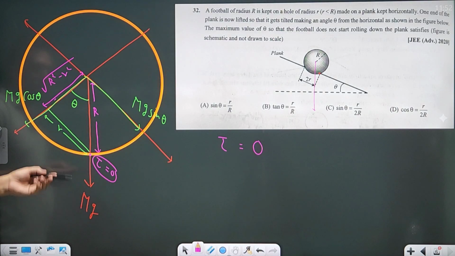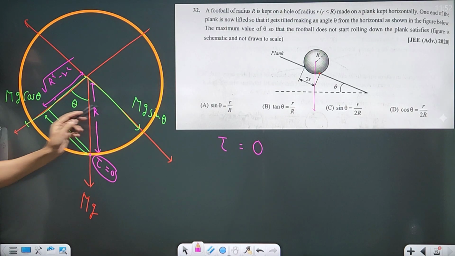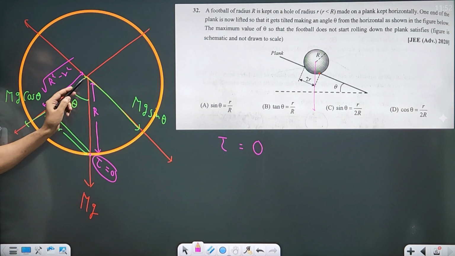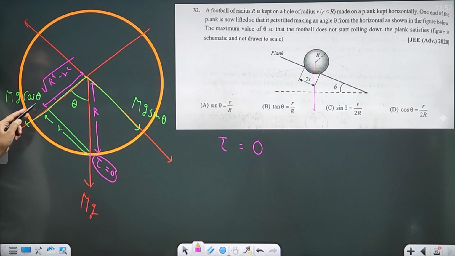Now, what is the force? Mg has two components, mg sin theta and mg cos theta. What is the torque about this point due to mg sin theta? This is the force and this is the perpendicular distance.